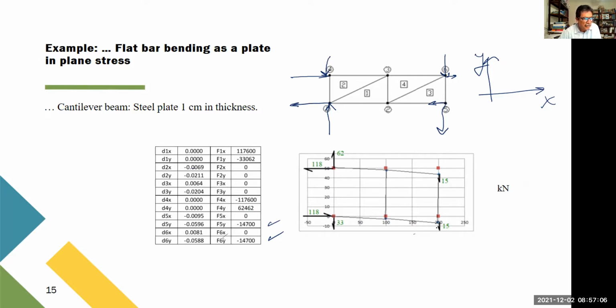So this plus this has to be equal to this one here, but in the opposite direction. The idea is if you consider the four forces in the vertical direction, the four have to cancel each other. That's what you need to find out.